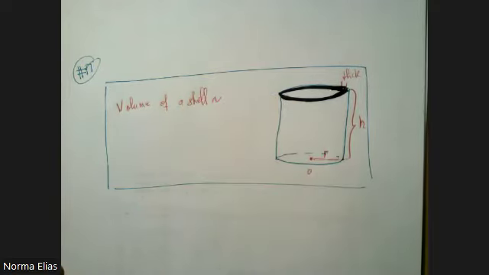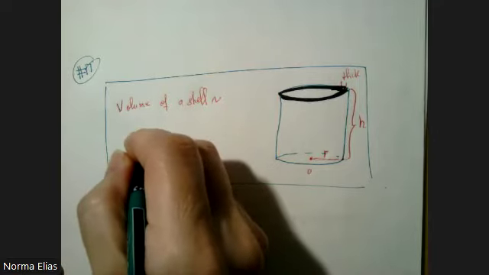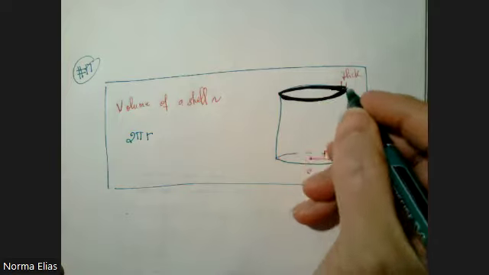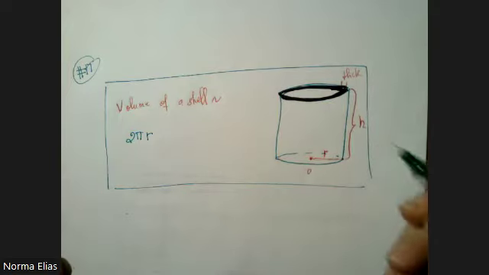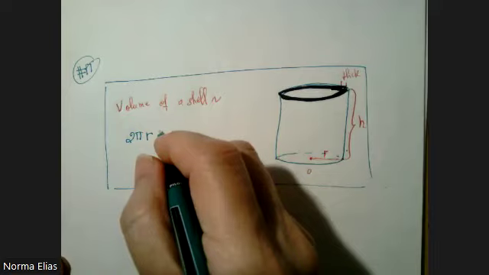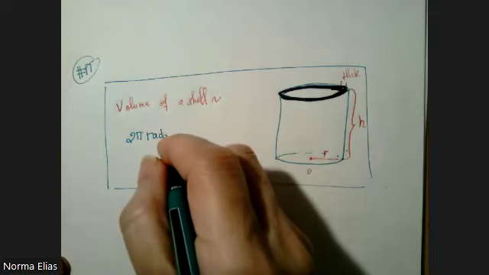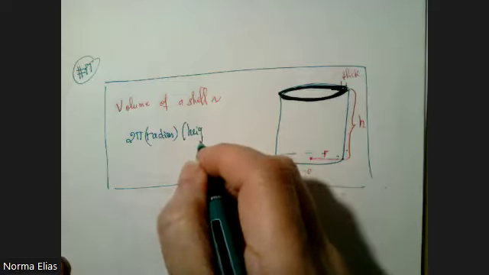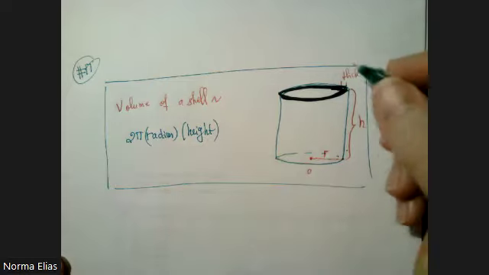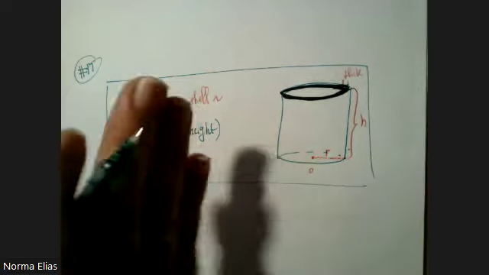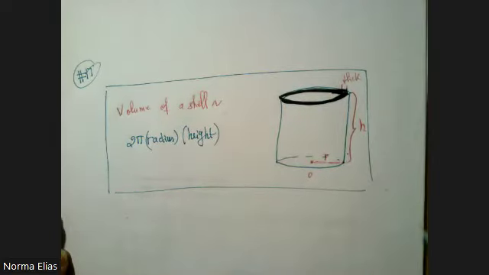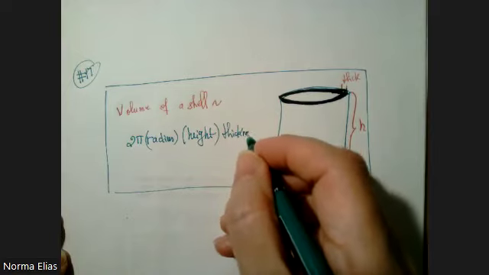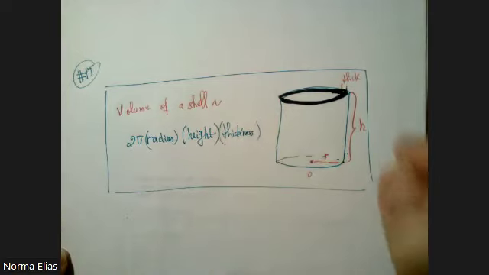is 2 pi times the radius, which gives me the circumference of the circle. We times it with the height, which gives me basically the area of the rectangle, and you multiply the whole thing by the thickness of the shell, which basically gives me the little volume.